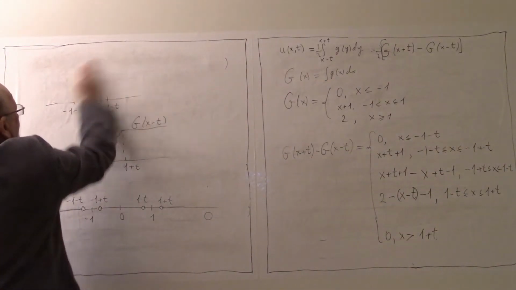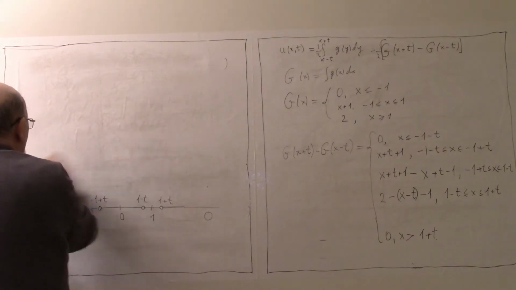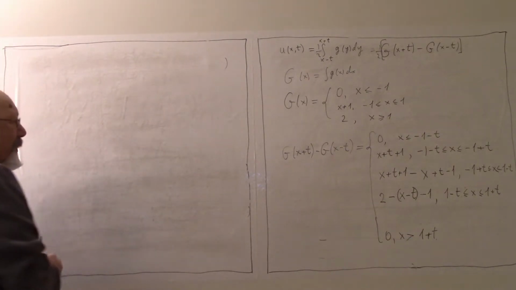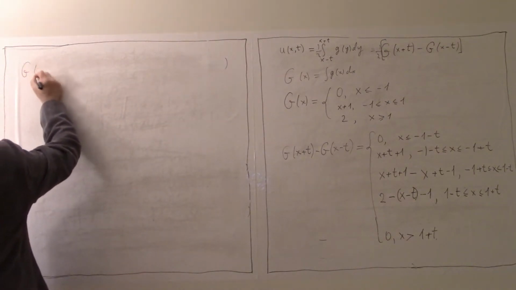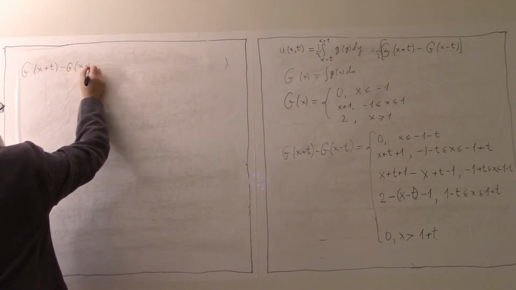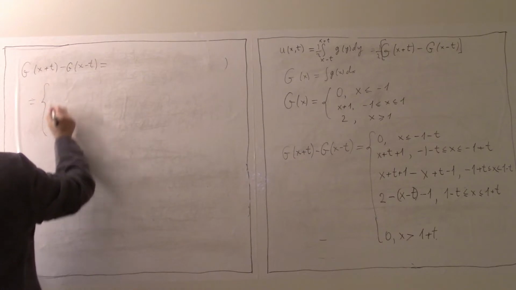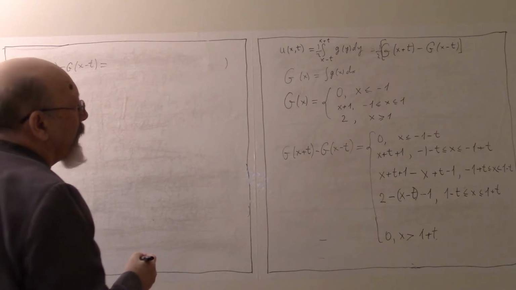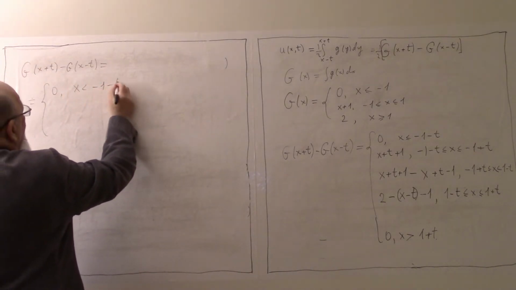Now we have here many excessive terms, so let me transform it a little. It is g of x plus t minus g of x minus t equals 0 when x is less than minus 1 minus t.